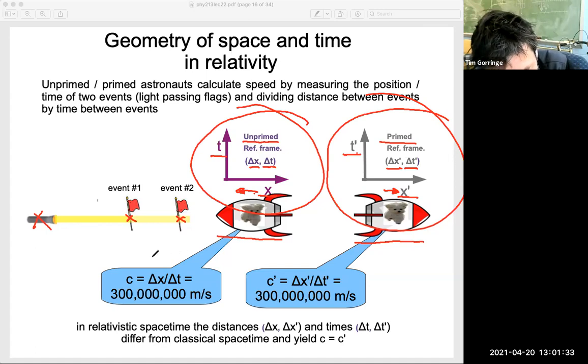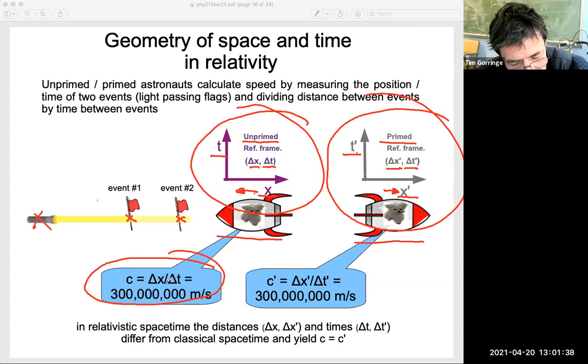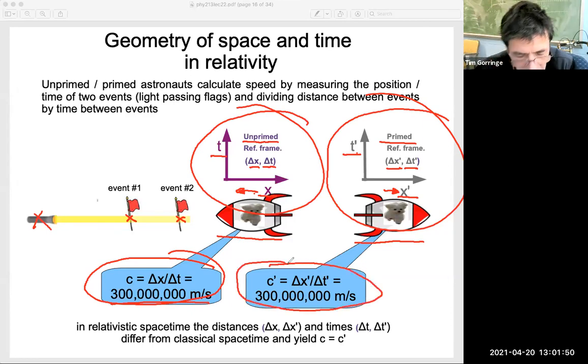When the unprimed observer wants to calculate the speed of light, they just take their delta x, that distance traveled, divided by that elapsed time, and they get 3 times 10 to the 8 meters per second. And the same thing for the prime reference frame. They take their measured distance between the flags and their elapsed time between the light passing the two flags, divide them, and get 3 times 10 to the 8 meters per second.